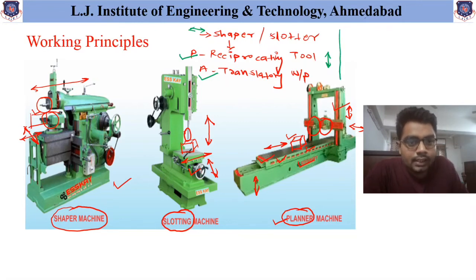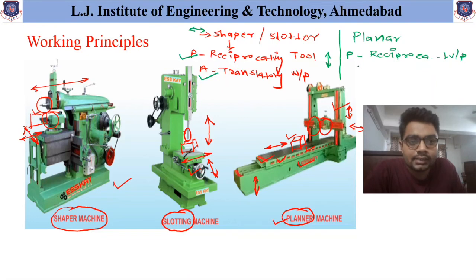And now another case, that is the planer machine. In the case of the planer machine, the primary motion is the reciprocating movement of the workpiece. This is the important part.